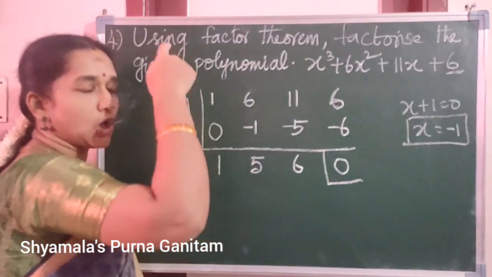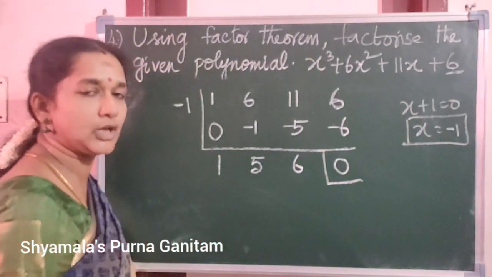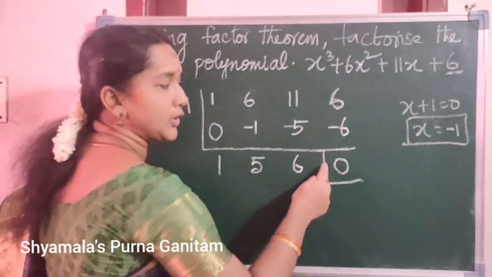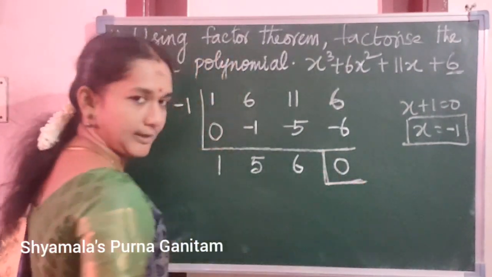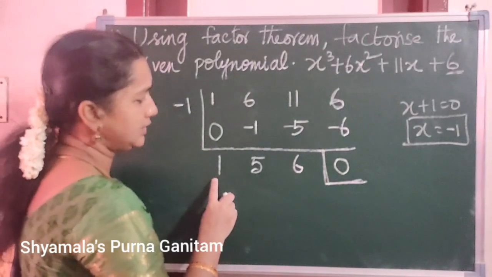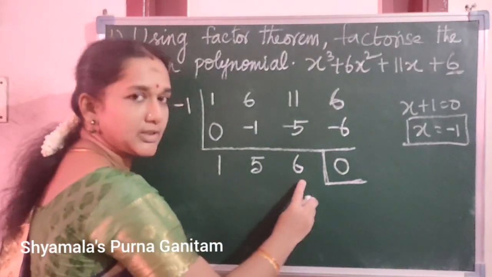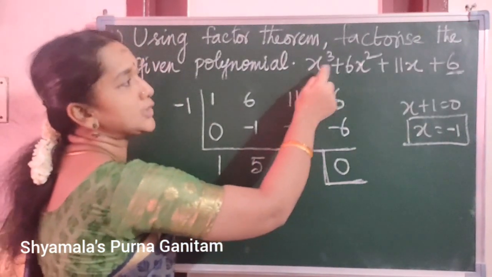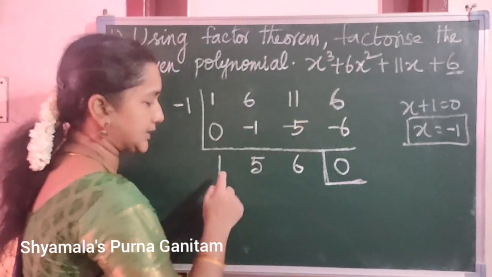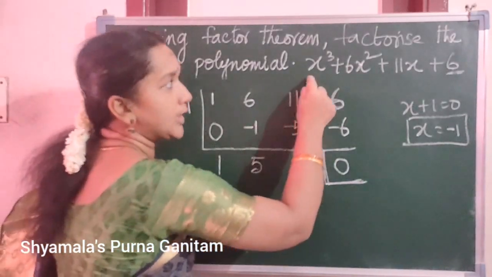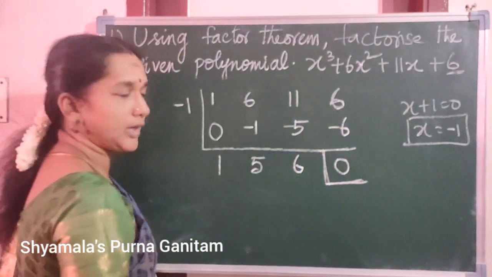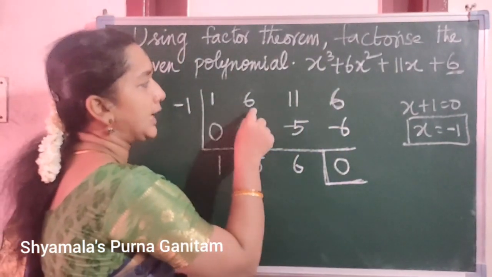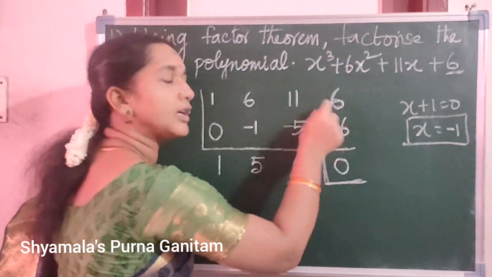As I told you in the long division, finally you have to get 0 as a remainder. Here also, definitely you have to get 0 as a remainder. So that you put it separately. Okay. Then these are the remaining numbers you got. Just as you wrote these coefficients here, for a cubic polynomial you will have 4 coefficients: x cube term, x squared term, x term and the constant term.